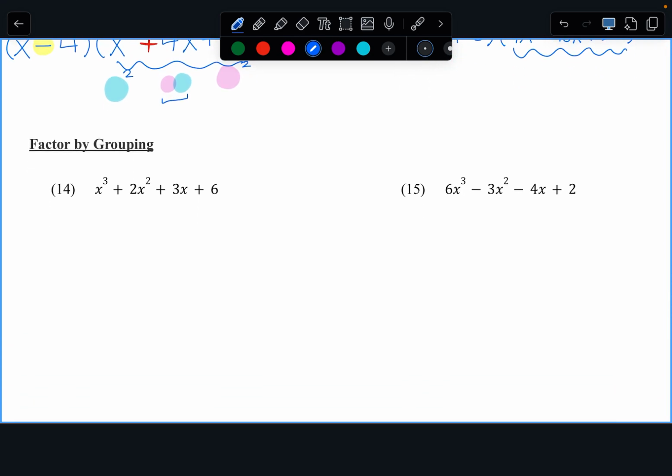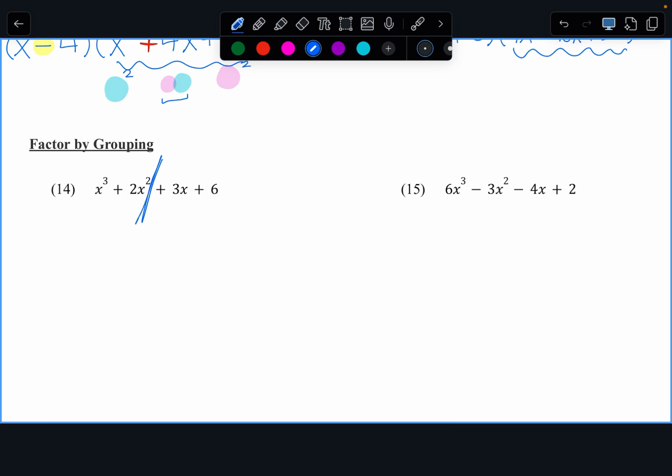I promise the next one's not as bad. How many terms are there in number 14? How many different things are being added or subtracted? 4. Do all of them have anything in common? No. What happens if I split it down the middle?